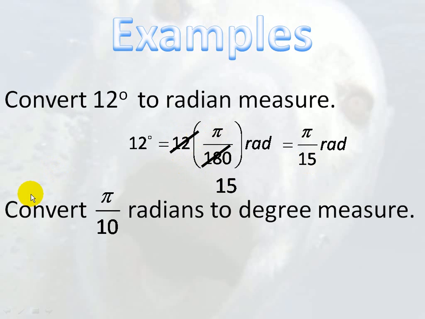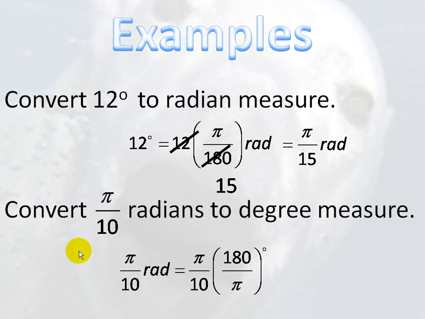Now, what about radians to degrees? Let's convert pi over 10 to degree measure. We use our relationship here. Pi over 10 radians equals pi over 10 times 180 over pi degrees. Notice the pi's divide out. 180 divided by 10 is 18. So we have 18 degrees.